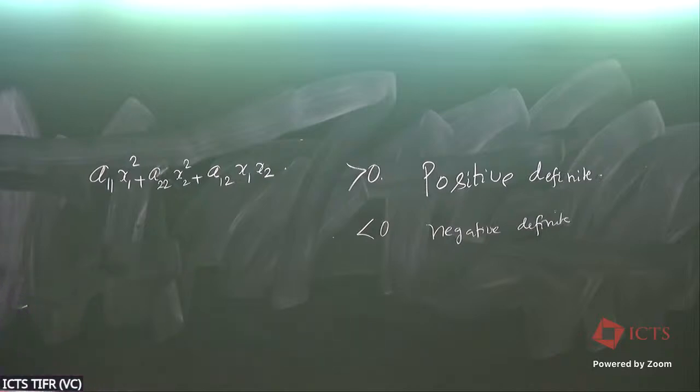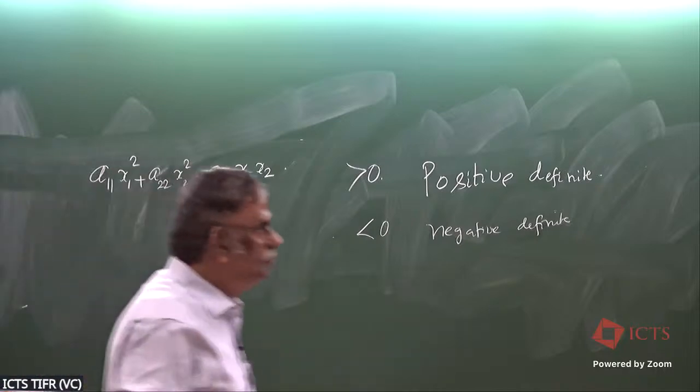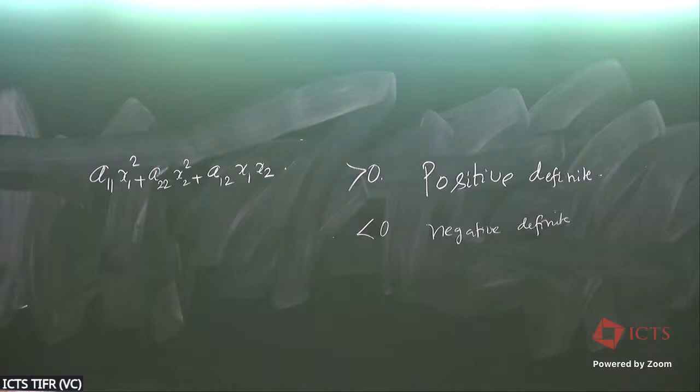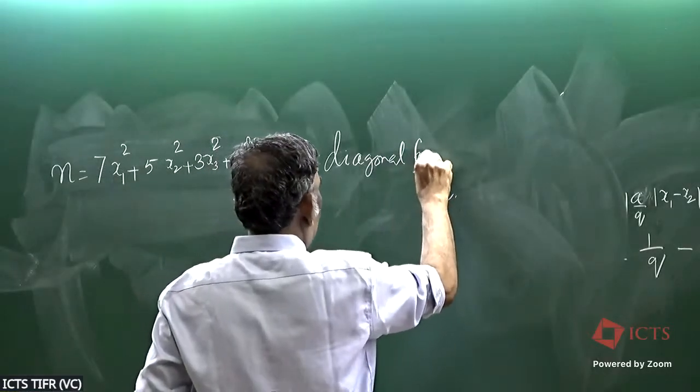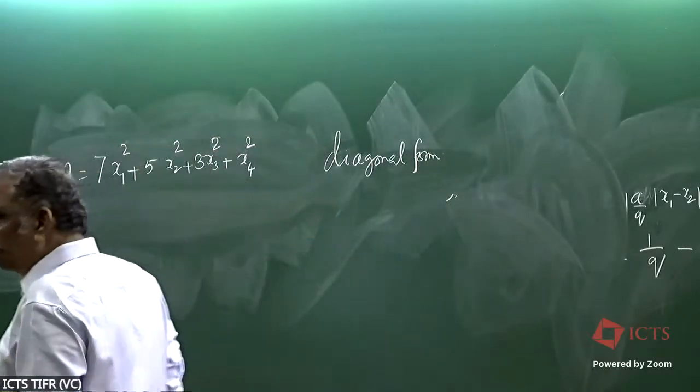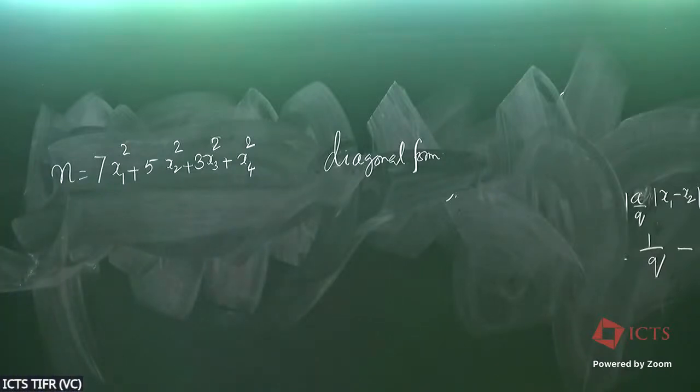And if it's a positive definite form, the coefficients will obviously be positive. And the forms in which terms like x1 x2, x2 x3 do not occur, only x1 square, x2 square, x3 square, etc. occur, are called diagonal forms. And whatever we are going to say also works equally for the non-diagonal forms.